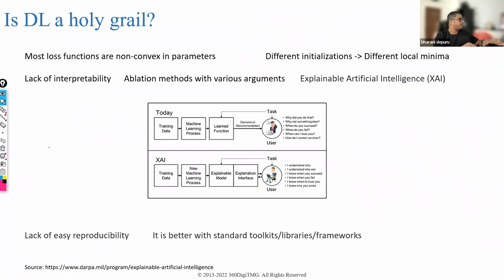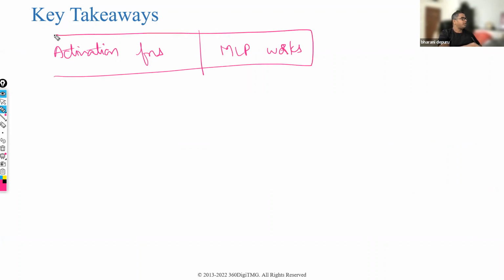And now, key takeaways. We understood about activation functions. We understood how a multi-layered perceptron works using a demonstration as part of our discussion. Now, we shall jump into practical challenges.